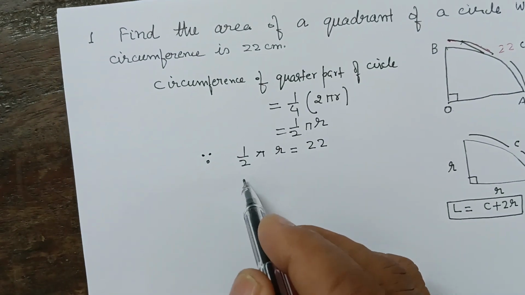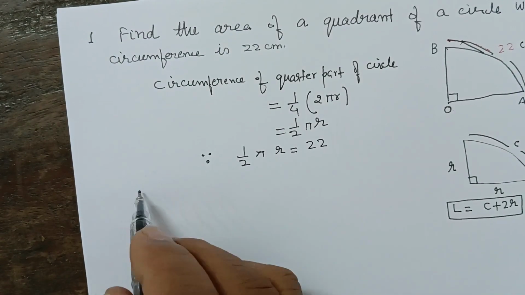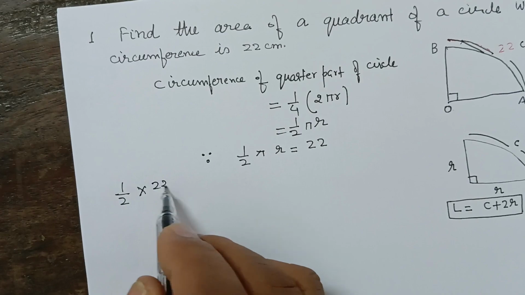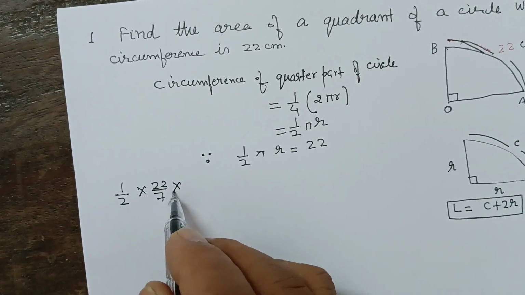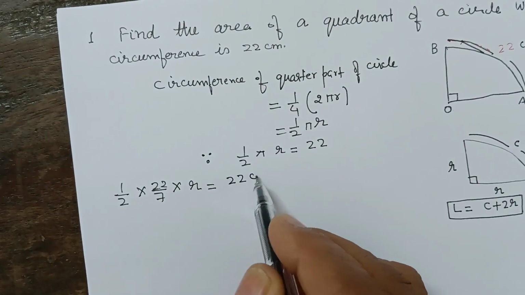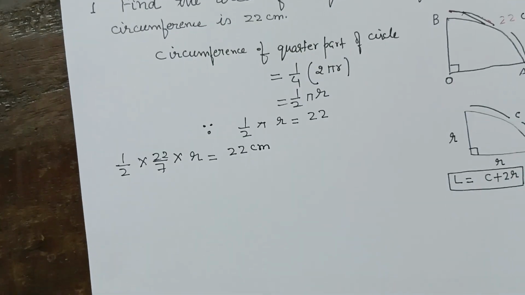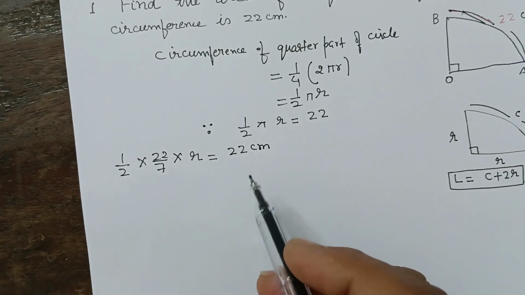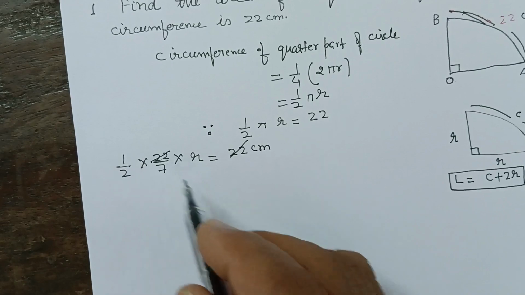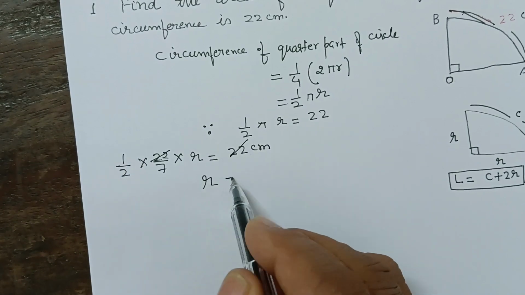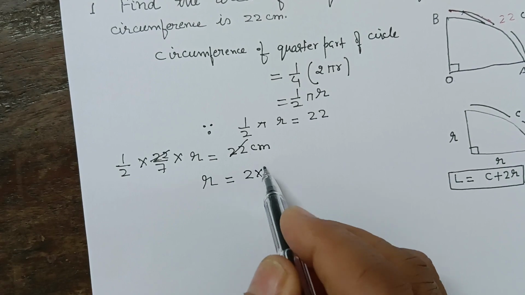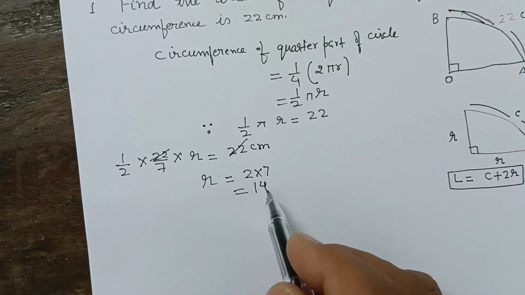On substituting the value of pi, this is 1 upon 4 into 2 into 22 upon 7 into radius, that is 22 centimeter. Now cancelling out these values, radius of this quadrant will become 2 into 7, that is 14 centimeter.